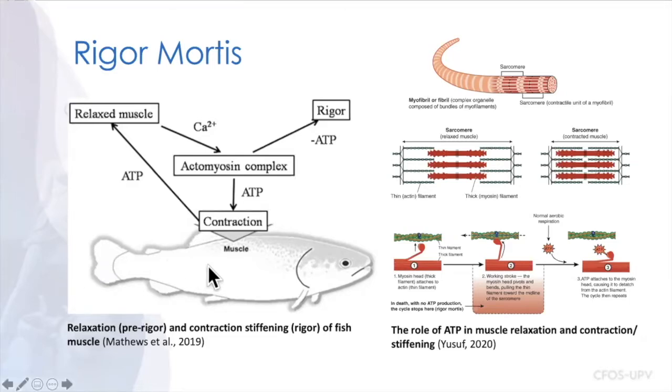So what are the factors that contribute again to the stiffening of the muscle? So look at this. Can you see my cursor? Can you see it? Yes, ma'am. Okay, so in the stiffening of the muscle, there are factors that affect the stiffening. All right. So we have the actin and the myosin filament.